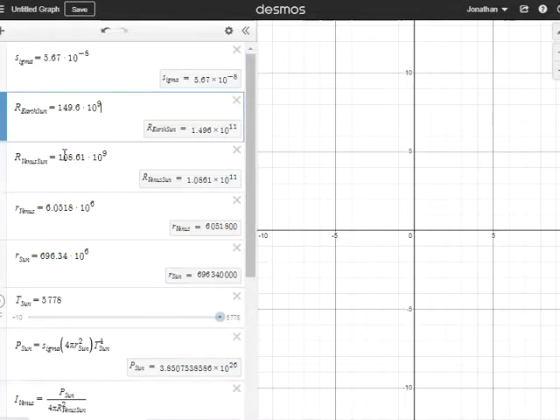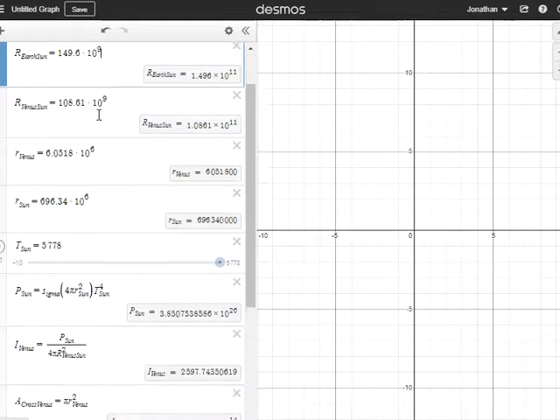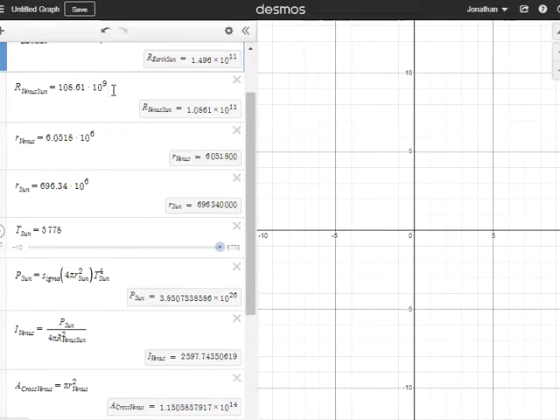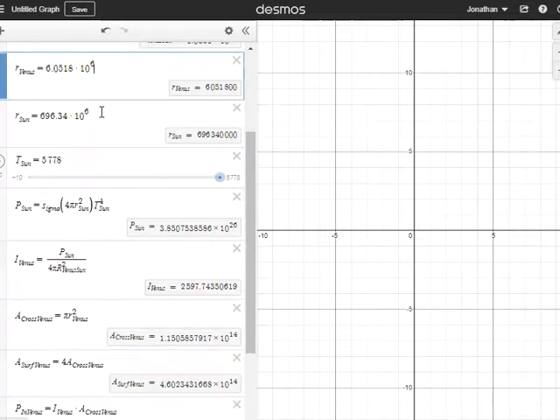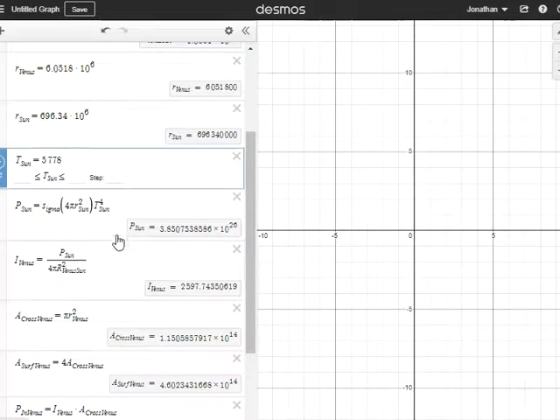The Venus-Sun distance is 108.61 billion meters, the radius of Venus is 6.05 million meters, the radius of the Sun is 696 million meters, and the temperature of the Sun is 5778 Kelvin.